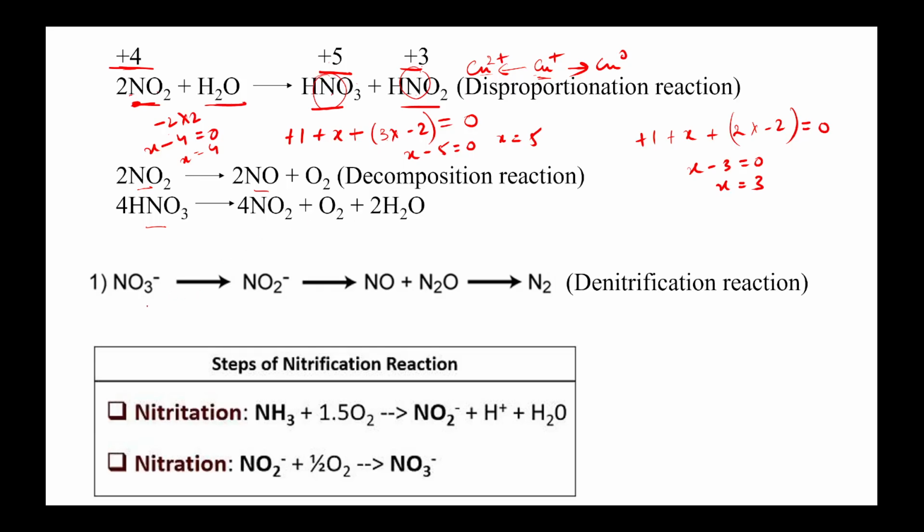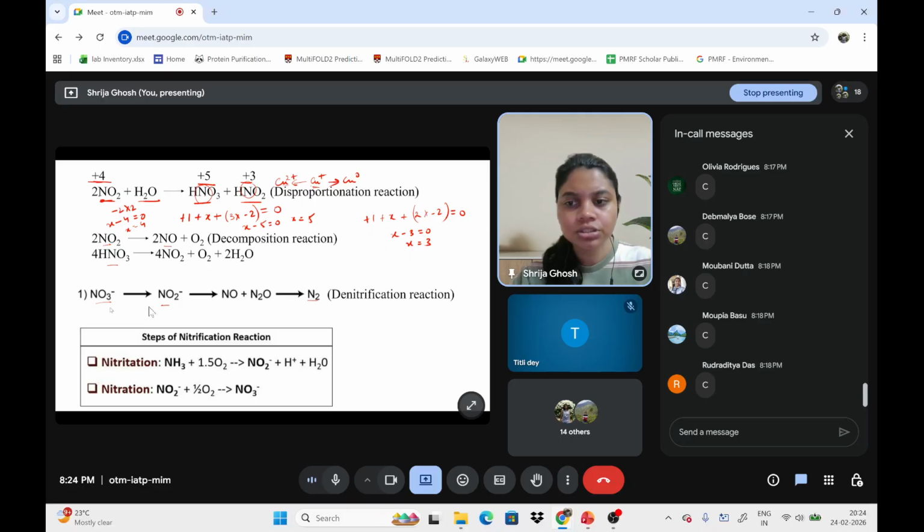And denitrification I've already explained, that is conversion of nitrates back to nitrogen. So if you see the oxidation states here, what is the oxidation state of nitrogen in the nitrate? Can anyone answer the oxidation state of nitrogen in case of nitrates, NO3 minus?